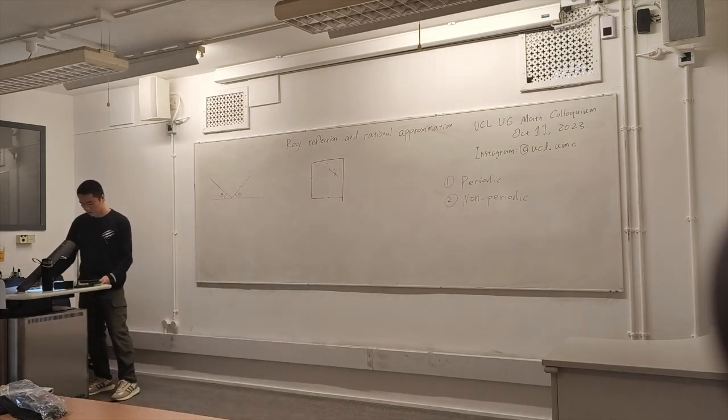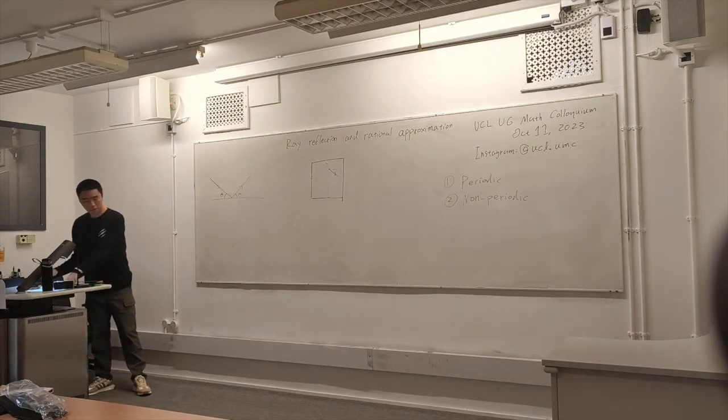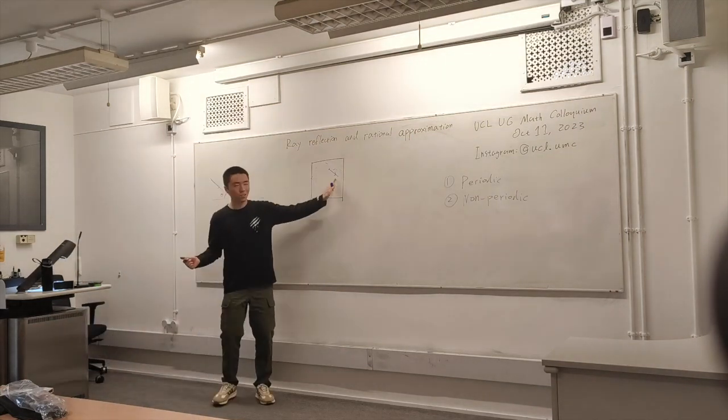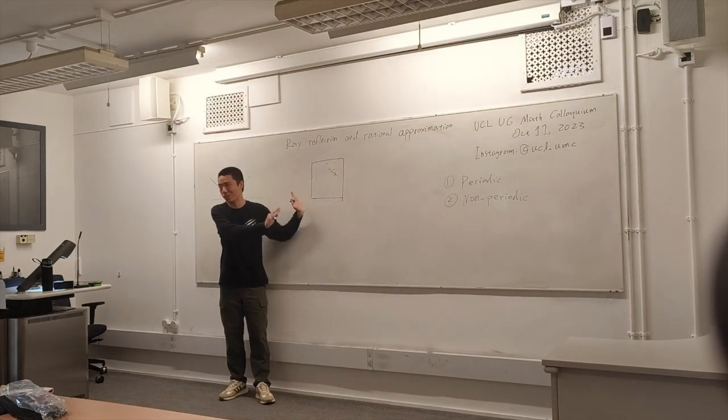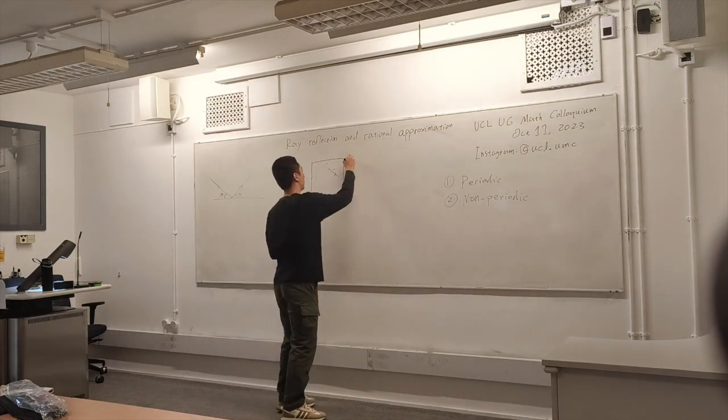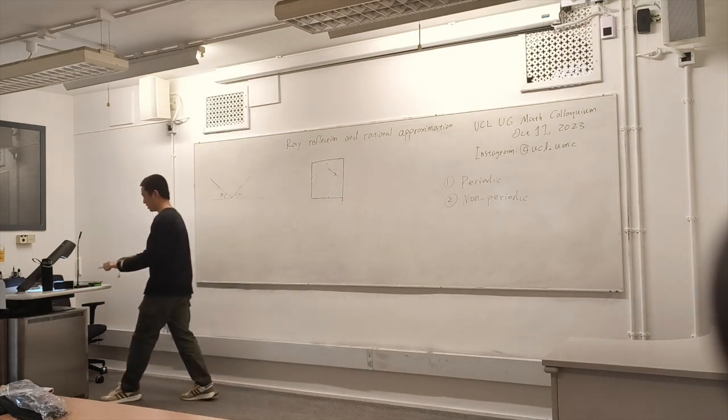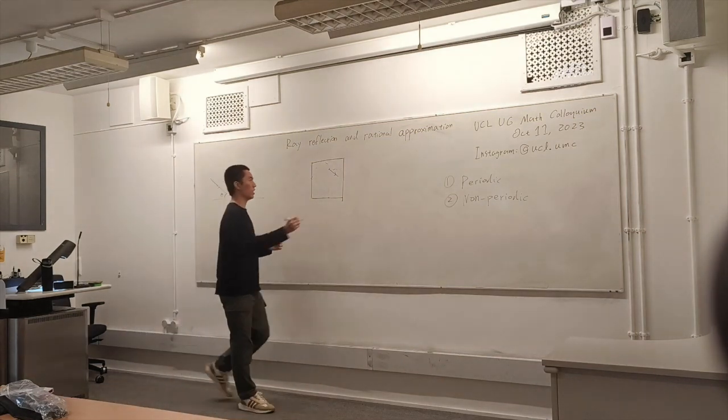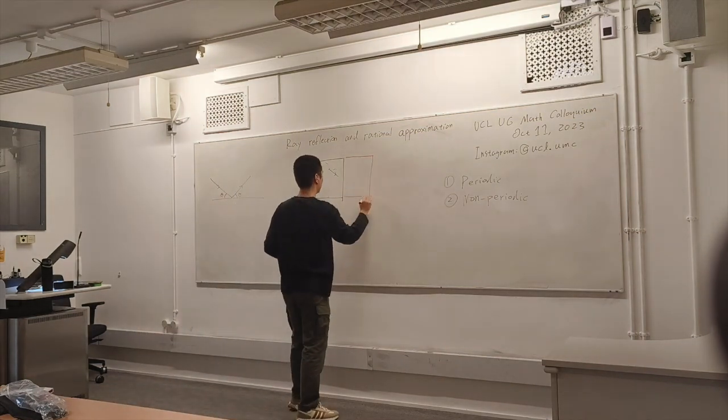Before it hits the first wall, instead of making the light reflect, we reflect the square room.